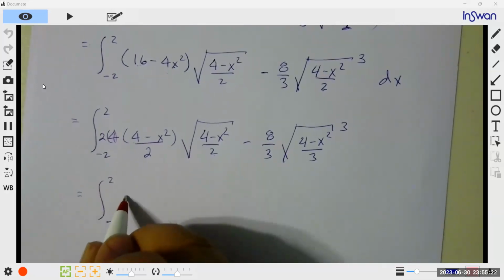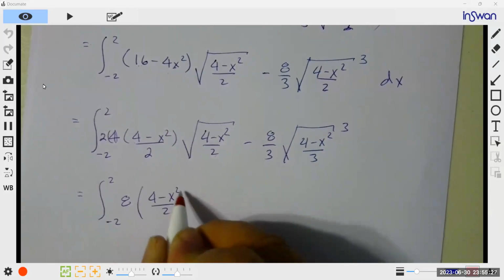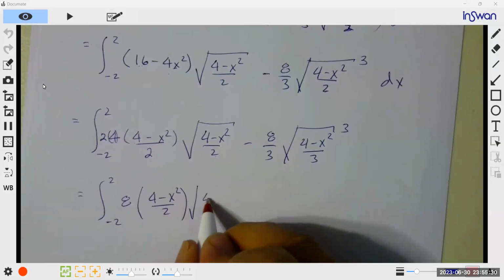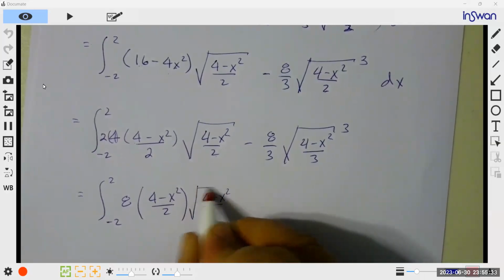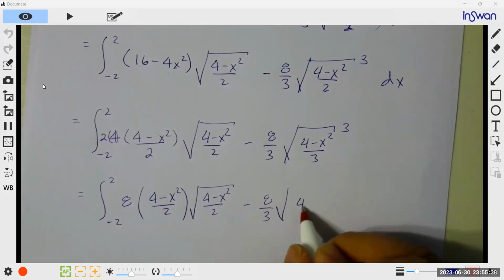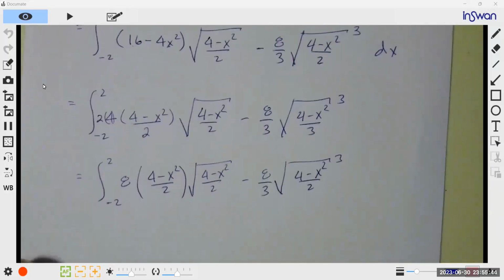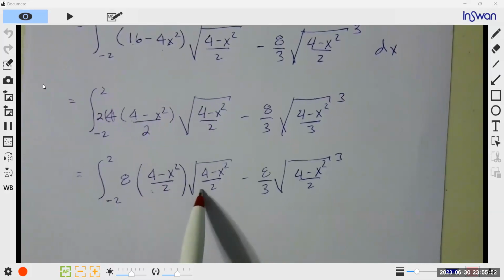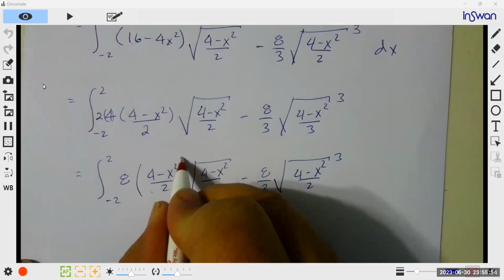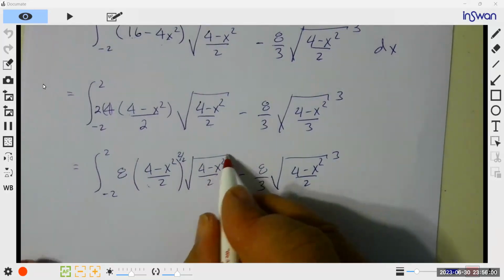So we have 8 times 4 minus x squared over 2 radical 4 minus x squared over 2 minus 8/3 radical 4 minus x squared over 2 cubed. These are the same now because this one is an exponent 2 over 2, this one is an exponent 1 over 2.